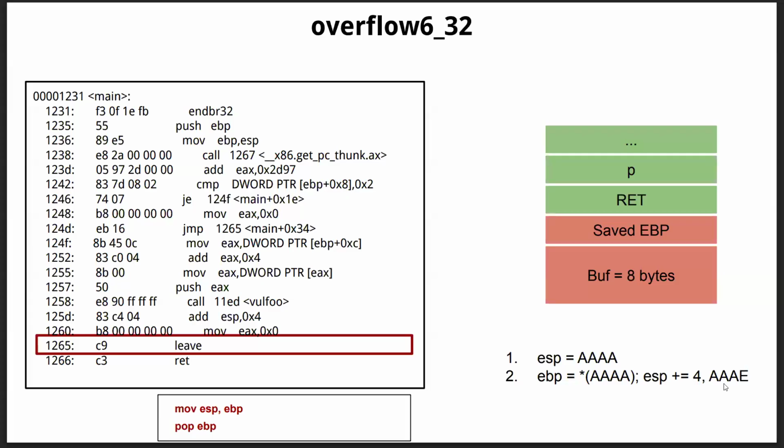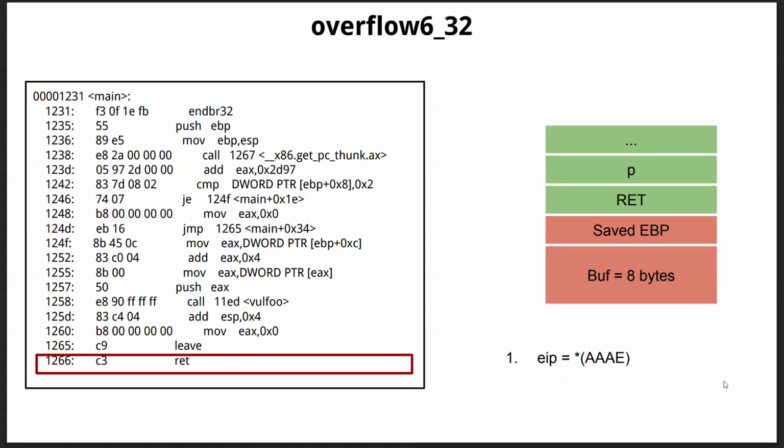So ESP now points to AAAE. And return will dereference that address AAAE and try to return to whatever that address points to. Make sense? Of course, in the demo I just showed you, we didn't even reach here. Okay? We get a segmentation fault at this line of code. We didn't have a chance to execute this line of code.